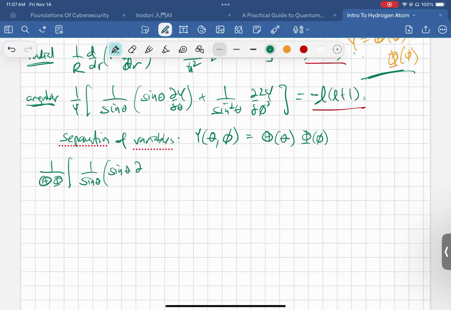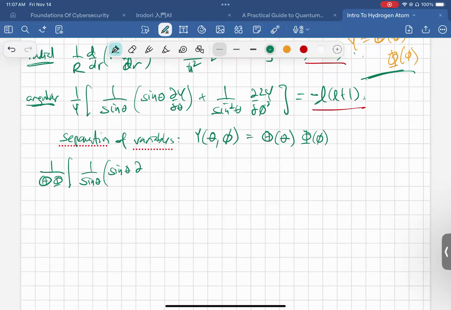So ibig sabihin, this will be a total derivative with respect to capital theta. Okay, tapos dito magkakaroon tayo ng capital phi. Okay, plus, ito naman ay capital theta over sine squared theta times yung second derivative with respect to phi ng capital phi. Okay? And this is equal to negative L times L plus 1.